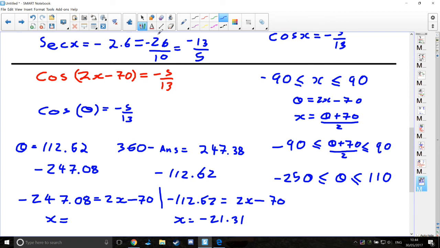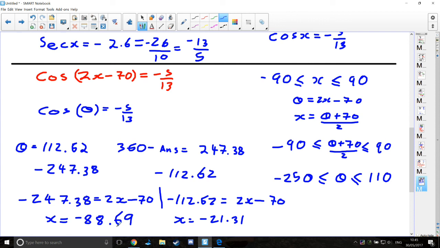That should be 3. Forgive me for that sloppy error there. So 247.38 plus 70 divided by 2, and we get the other answer that's in the range, negative 88.69.